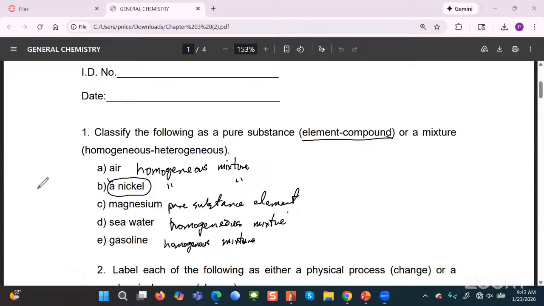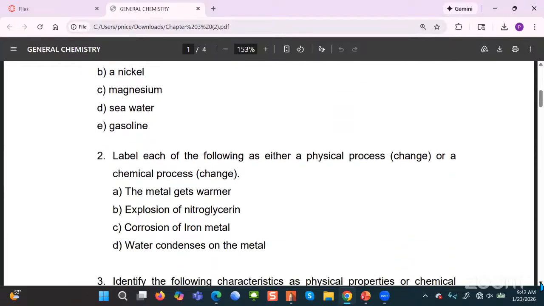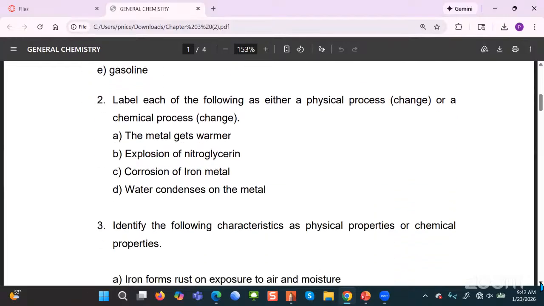Let me clear this here and move on to number 2, which says label each of the following as either a physical process or change, or a chemical process or change. So just to remind you, a physical change is a change where there's no change in the composition or structure of the substance.